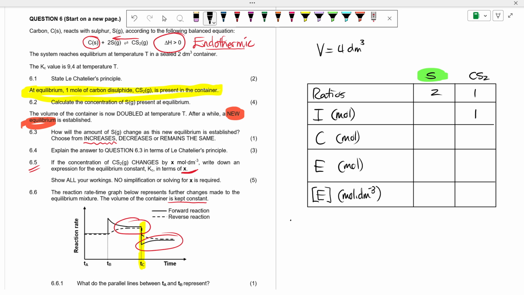They gave us information after they added information from the information that they gave us. So let's write down the information. Initially, we had 1 mole. Then our volume doubled, it was 4. Our Kc is 9.4. We get that part.